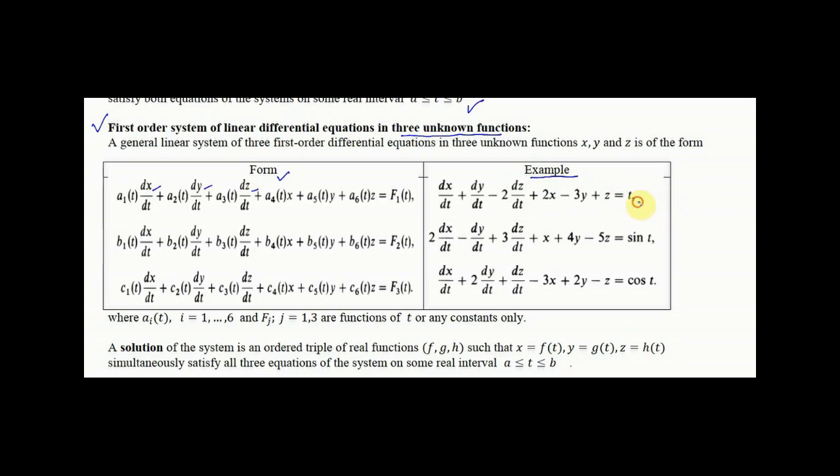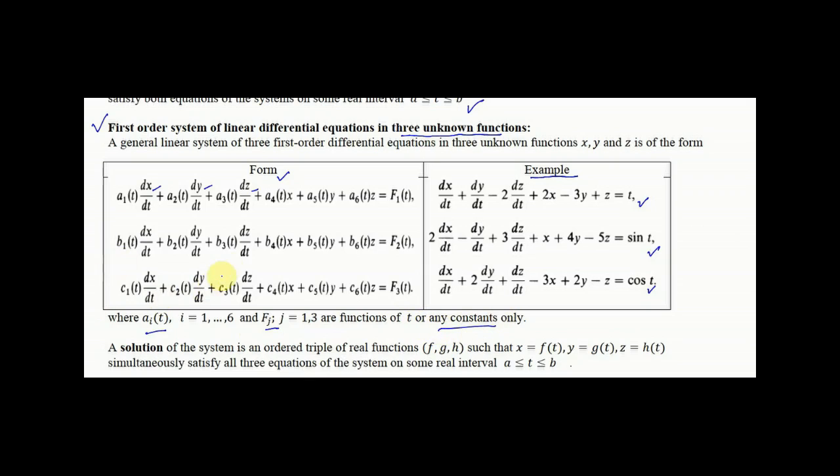On the right side, all are functions of t. So three unknown functions and three differential equations constitute a system of differential equations. The a_i are all functions of t, and the f_j are all functions of t or constants.